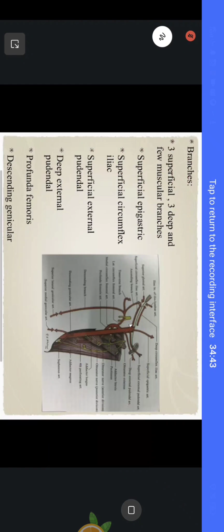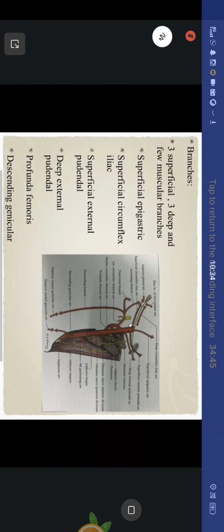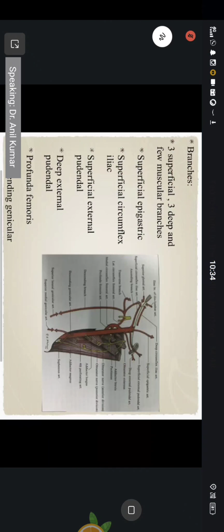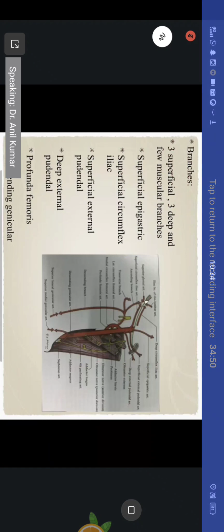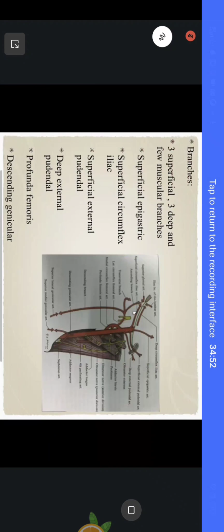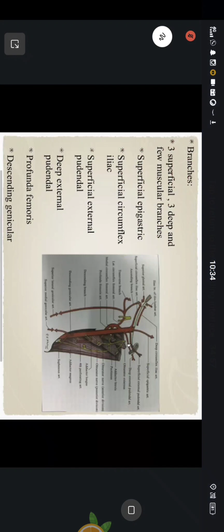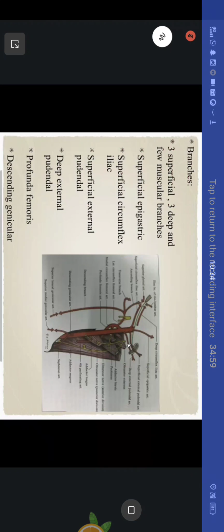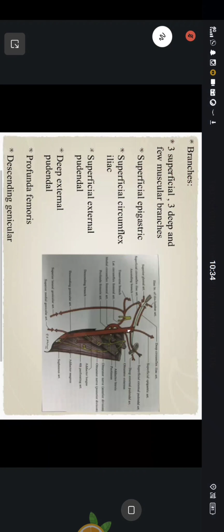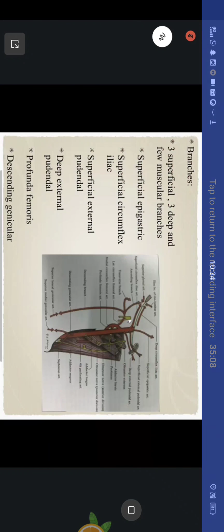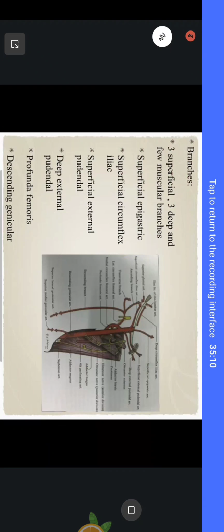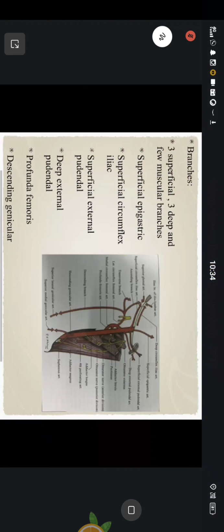The one which runs laterally towards the anterior superior iliac spine is the superficial circumflex iliac. They run in 3 directions: medially towards the genital organs is the superficial external pudendal artery; upwards towards the abdomen is the superficial epigastric; laterally towards the iliac crest is the superficial circumflex iliac. They are the superficial branches.